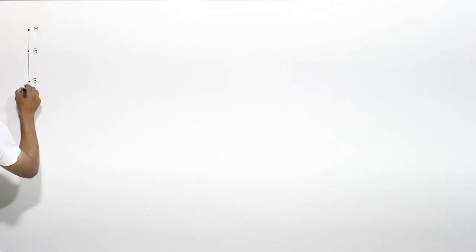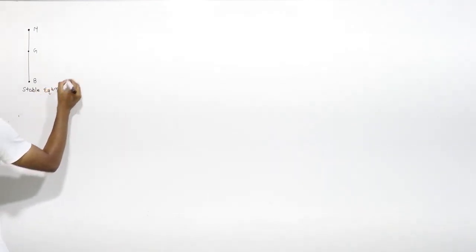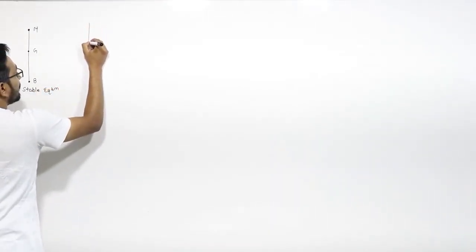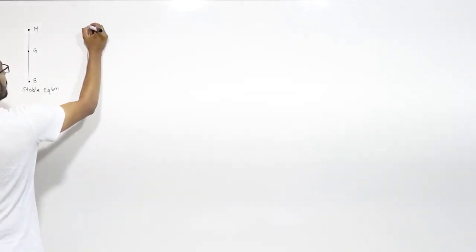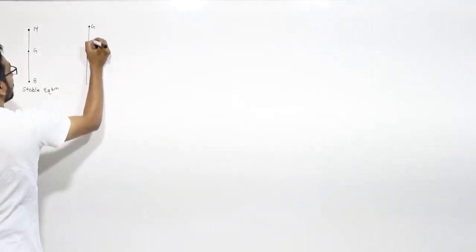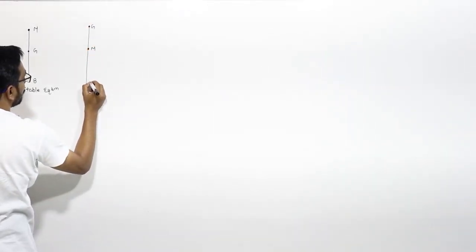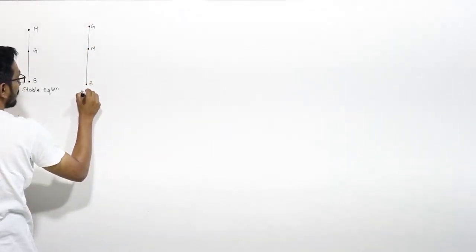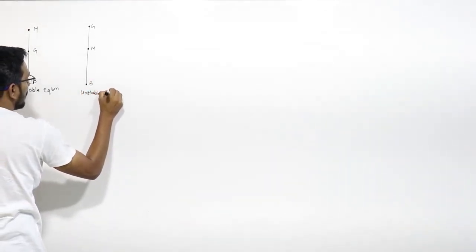This is for stable equilibrium. For unstable equilibrium, the center of gravity is in between the metacenter and the center of buoyancy. This is unstable equilibrium.